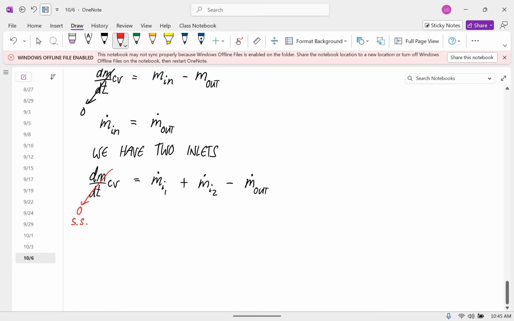And so ours reduces to m inlet 1 dot plus m inlet 2 dot is equal to m out dot.